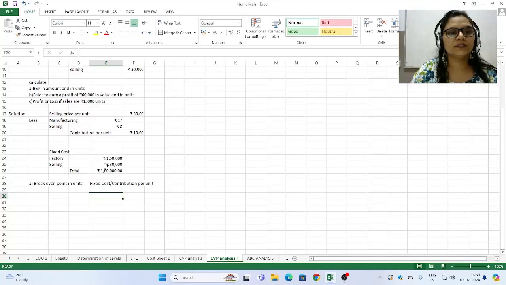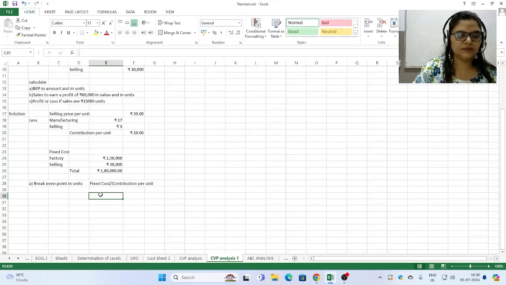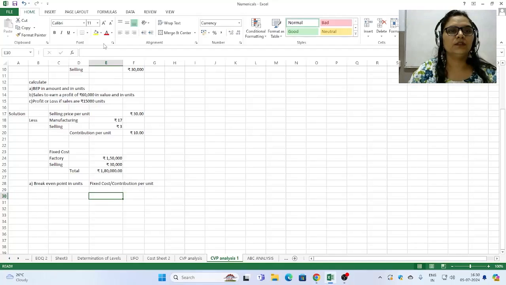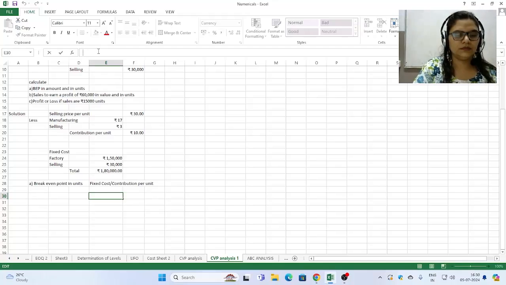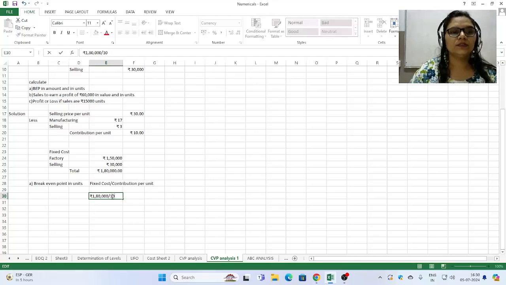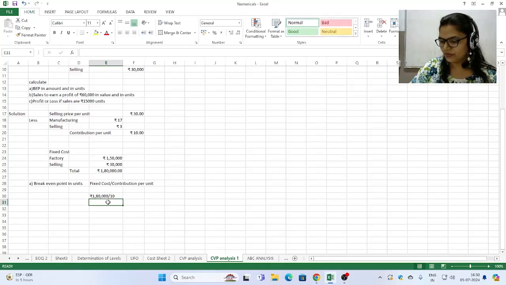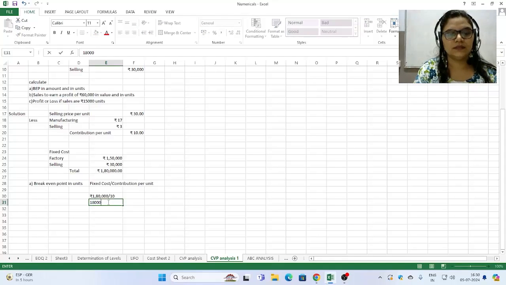Fixed cost, we all know, is rupees 1,80,000 divided by contribution. We know it's 10. So break-even point in units will come out to be 18,000 units.